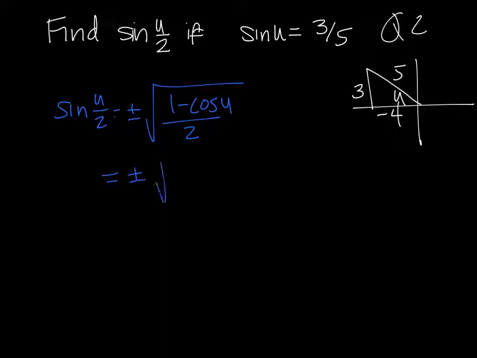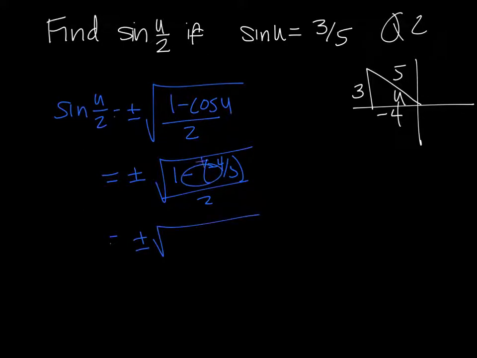So we get plus or minus the square root of 1 minus the cosine of u, which is -4 over 5, all over 2. These are going to be plus, and this will be a 5 over 5. So 5 plus 4 is 9 over 5 divided by 2 over 1, multiplied by the reciprocal. So we get plus or minus the square root of 9 over 10.